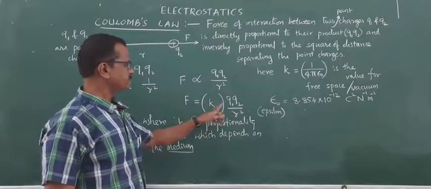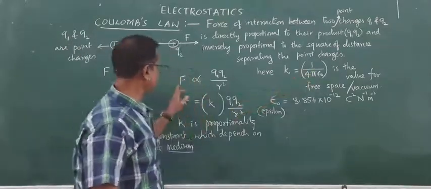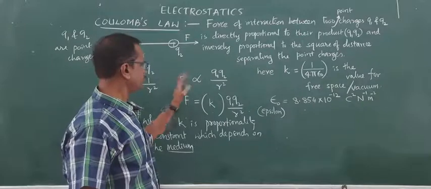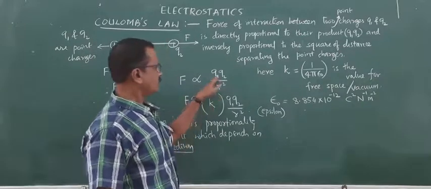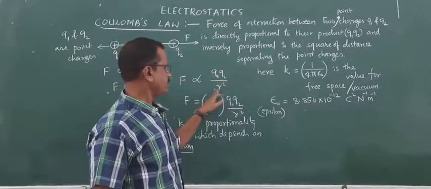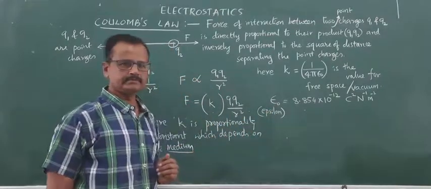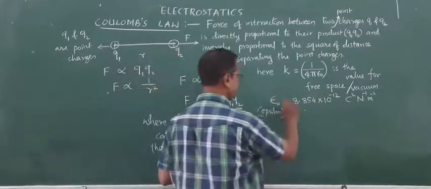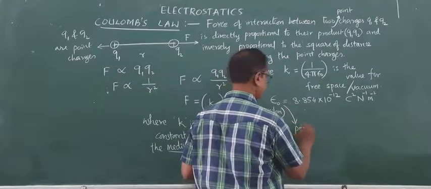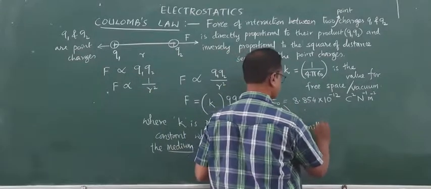If you take this epsilon naught to the right hand side, we get force in the denominator. So Coulomb square per Newton per meter square is the epsilon naught value. This is called the permittivity of free space.